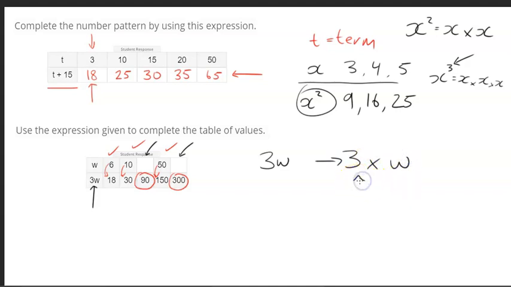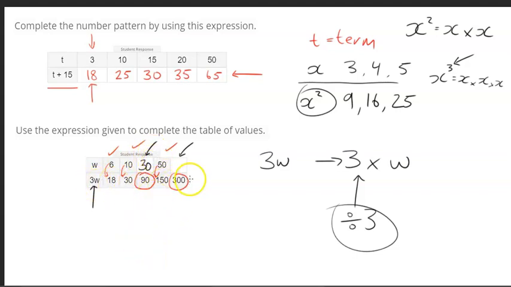We have to find out what the opposite of timesing a number by 3 is. Well, the opposite of timesing is dividing. So to work backwards, get your output and just apply its opposite, or what's called inverse operation. 90 divided by 3 is 30. So 30 times 3 will give me 90.